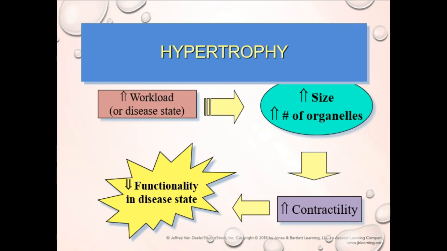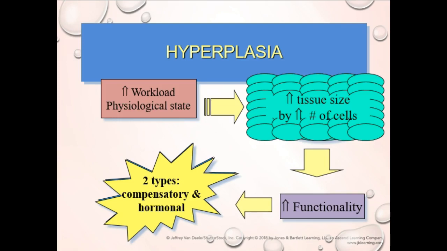Increased size, increased number of organelles, increased contractility, unless you have a disease state such as a flabby heart from severe hypertrophy. That can decrease the functionality of the heart itself. Hyperplasia is an increased workload. It can also be disease, such as hyperplasia of the cervix.